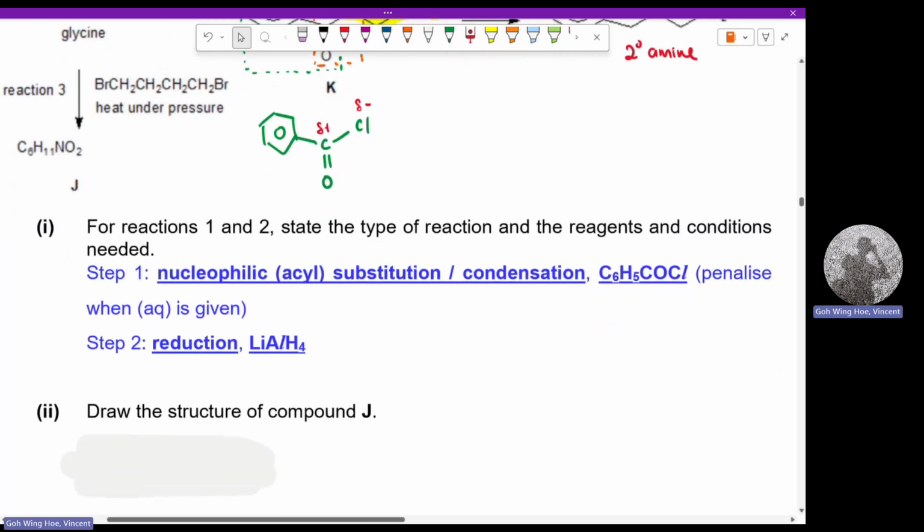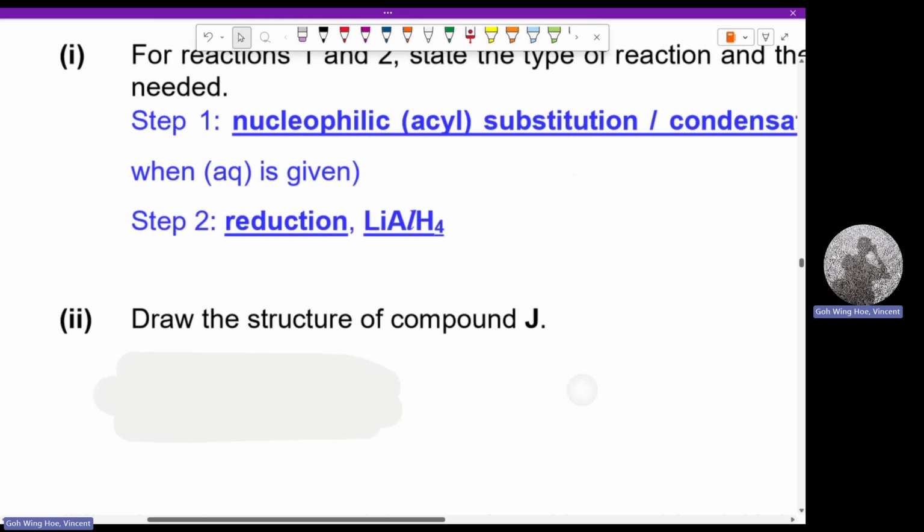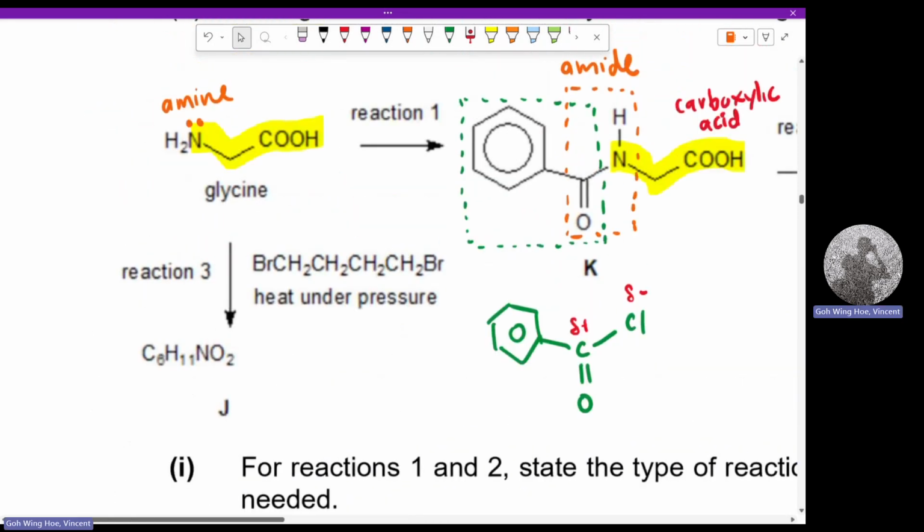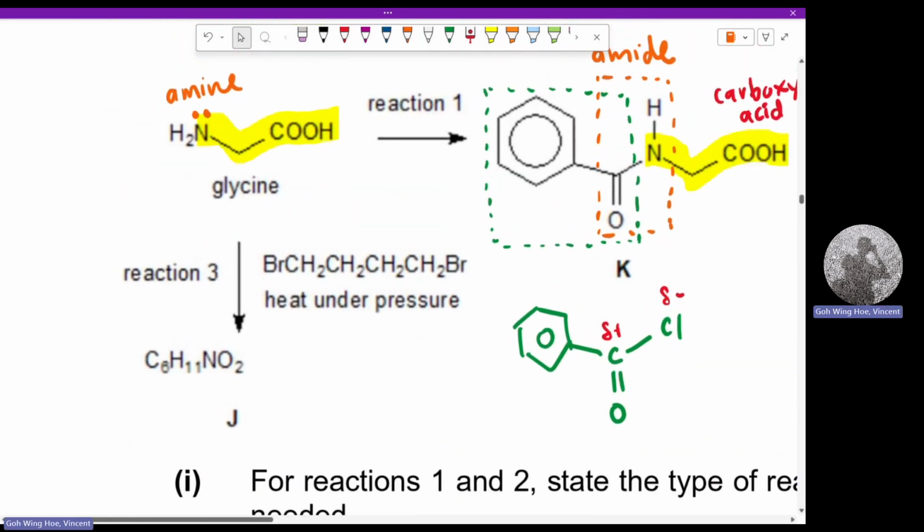Next, we move on to part 2. Draw the structure of compound J. As you observe here for compound J, the formula given is C6H11NO2. And then your glycine began with 2 carbons, 2 C atoms.